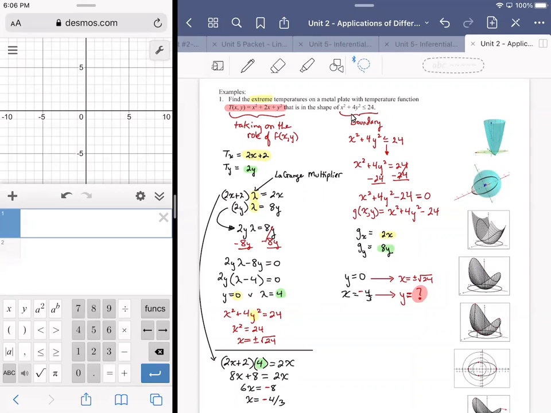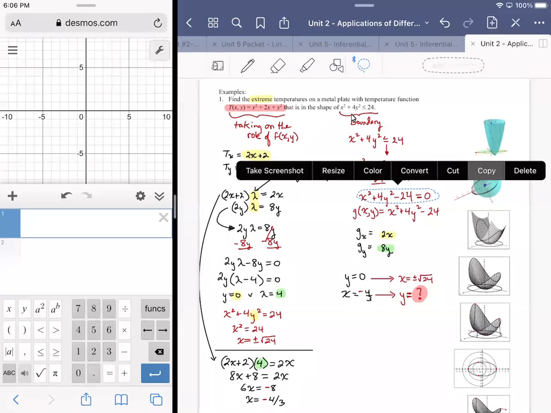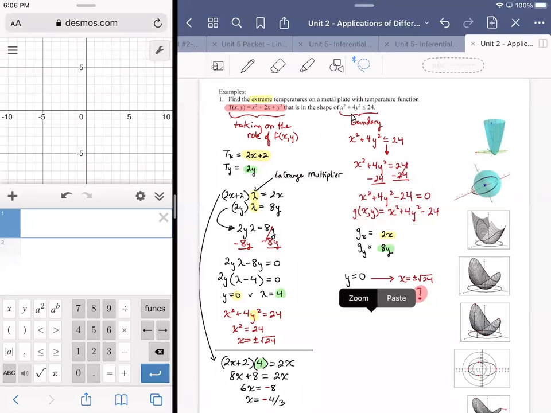To find the y value corresponding with the x value of -4/3, again, I'm going to take whatever relation I have involving x and y, which would be the boundary function, and I'm going to replace each instance of an x, in this case there's only the one instance, with a -4/3.